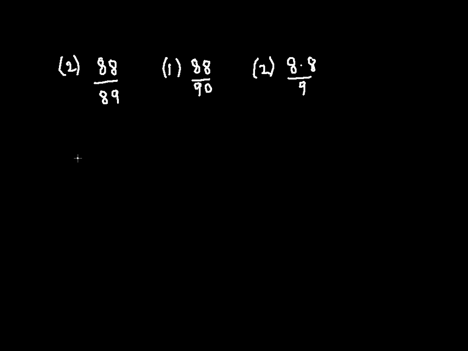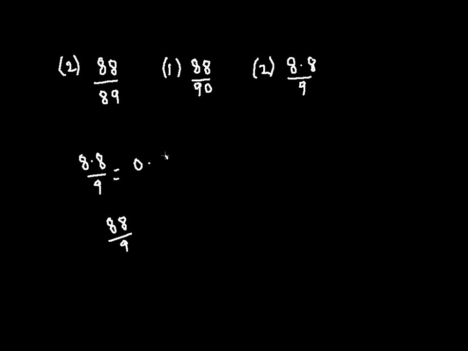So our number for our process is 8.8 by 9. Since the ratio 88 by 89, we all know, is less than 1, so 0 point, we will take it as 88 and divide by 9.